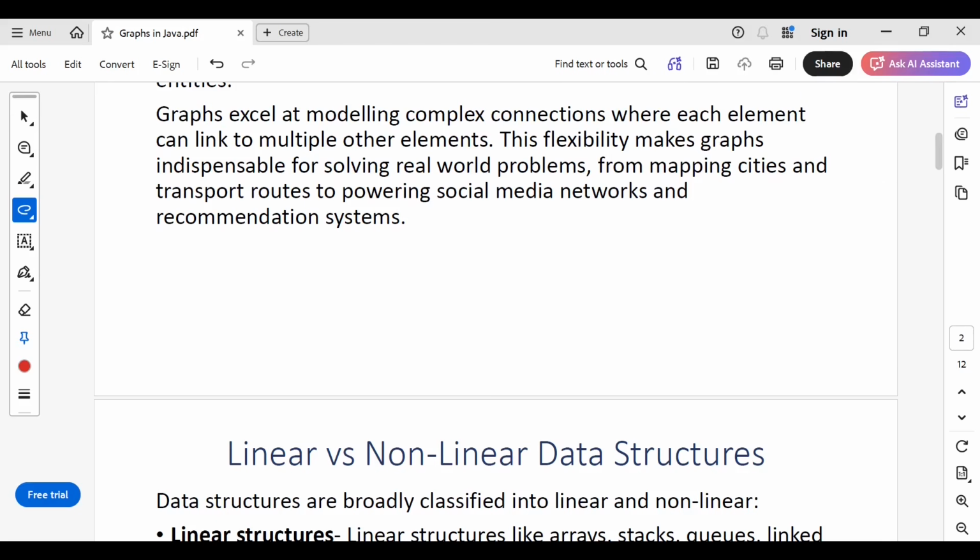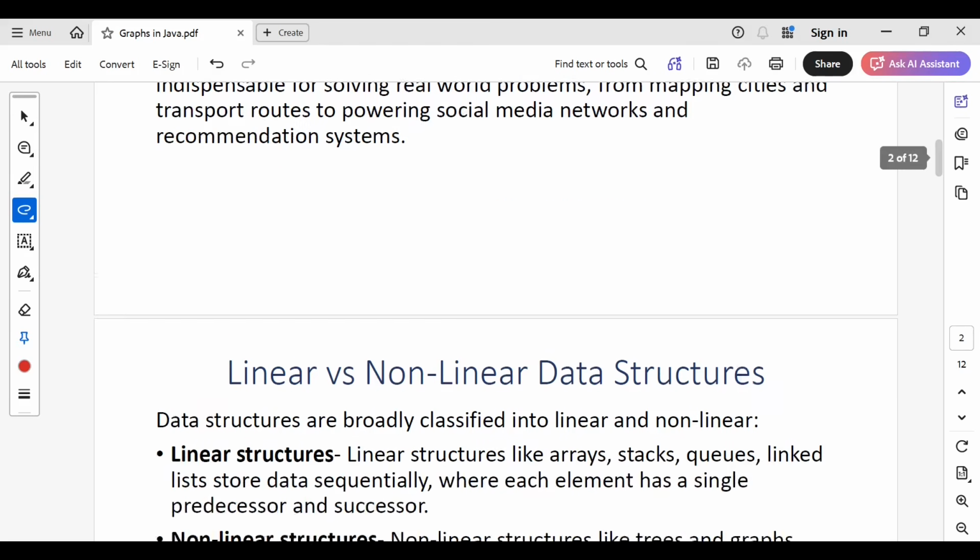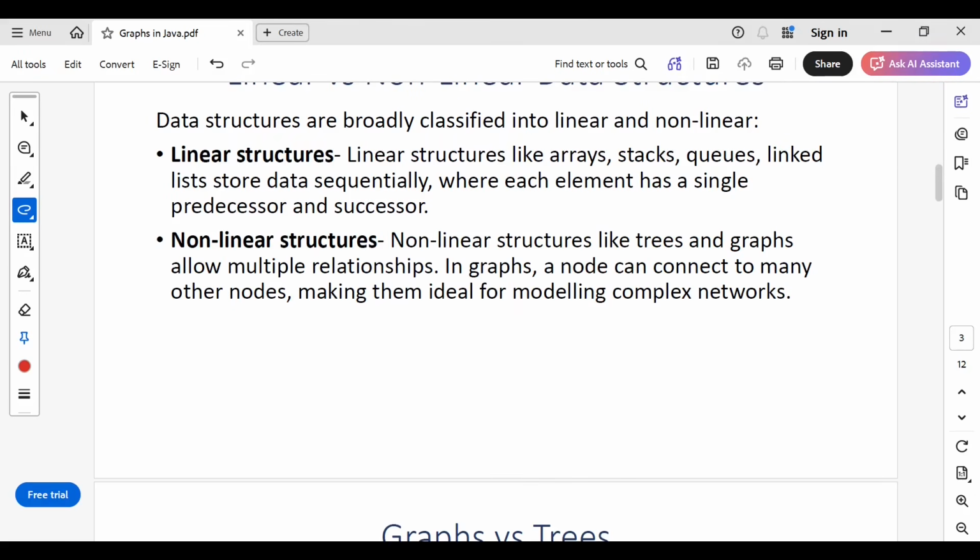The first thing is, as we said, this non-linear data structure. So what exactly are linear and non-linear data structures? Linear structures like arrays, stacks, queues, linked lists store data sequentially, where each element has a single predecessor and successor. Suppose I have this array, right? Every element will be added sequentially.